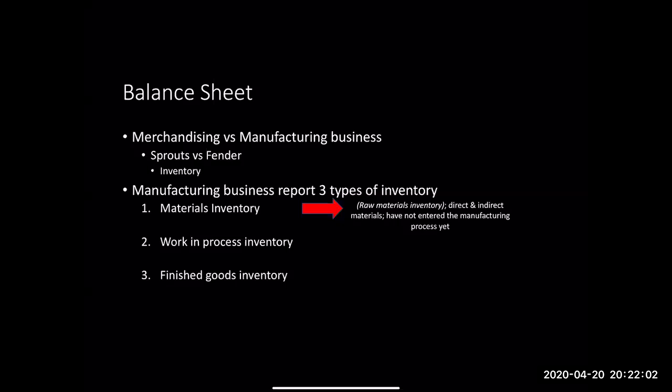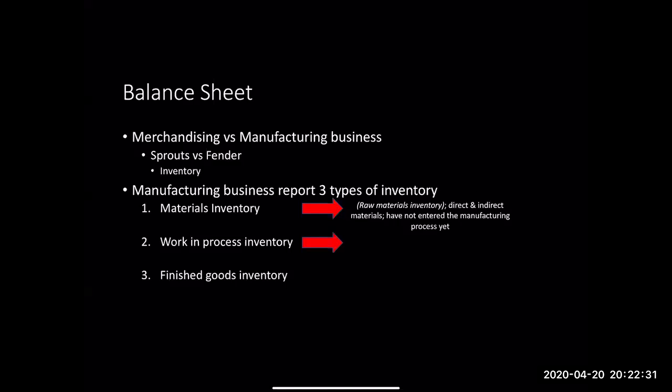It could be both indirect or direct materials, and these are raw materials that have not entered the manufacturing process yet. Maybe you went to your supplier and bought wood or screws. That would be considered raw materials, whether they're indirect or direct.